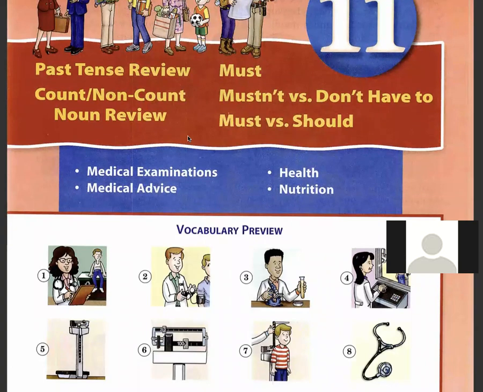We're going to focus our attention on the use of must, mustn't, don't have to, and should. What's the difference between must not, don't have to, must, and should? We're also going to be learning about medical examinations, medical advice, health, and nutrition.